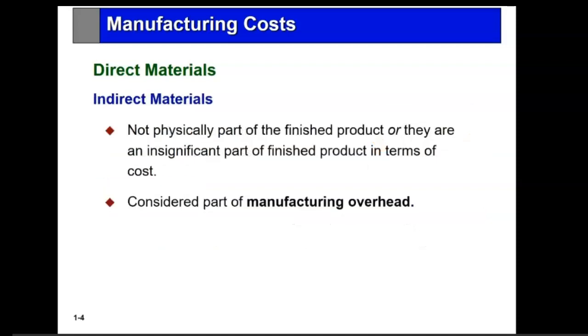If I cannot measure it exactly, like glue and so on, or it's not physically part of the finished product, like a wrap, I wrap my product, these costs are indirect material costs, and they're actually categorized as manufacturing overhead.